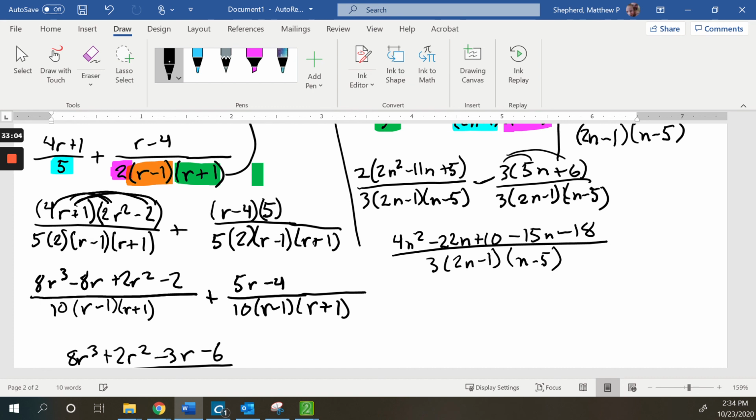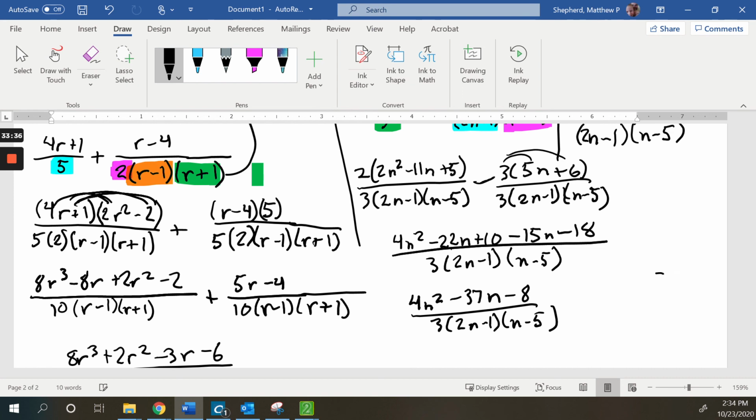Okay, now for the top, we're ready to combine our like terms. We just have the 1n squared. Now a negative 22n minus 15n will get negative 37n, 10, and the 18, so we'll get negative 8 all over 3, 2n minus 1, n minus 5.